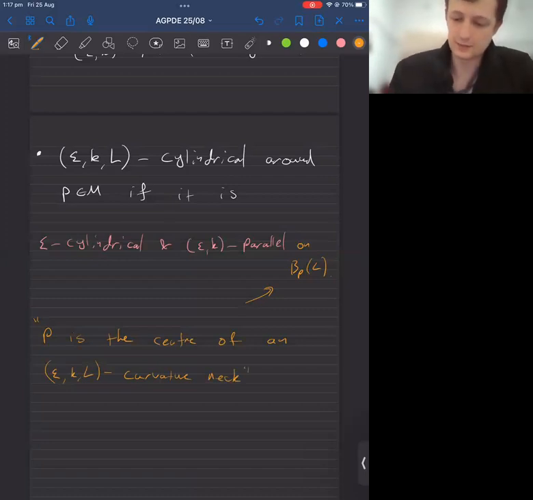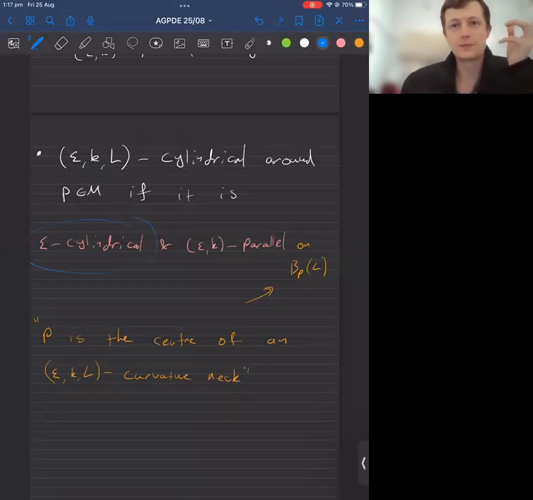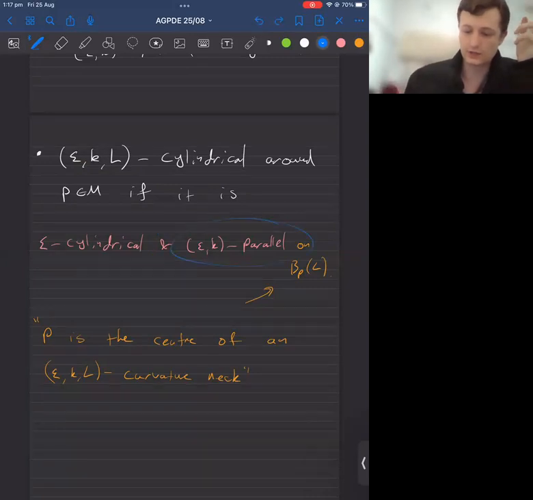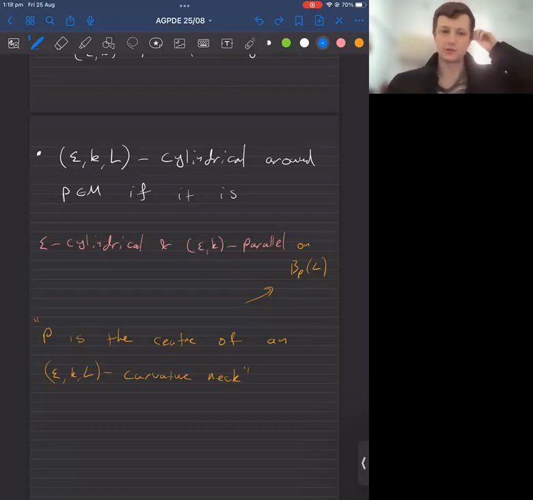Okay, so this is what I mean by curvature neck when I said it before. I mean that the Weingarten map is epsilon close to that of the cylinder, and all the derivatives up to the kth derivative of the Weingarten map are bounded by epsilon. Okay, so hopefully these are fairly intuitive. We're just saying that, yeah, the curvature is close to that of a cylinder.